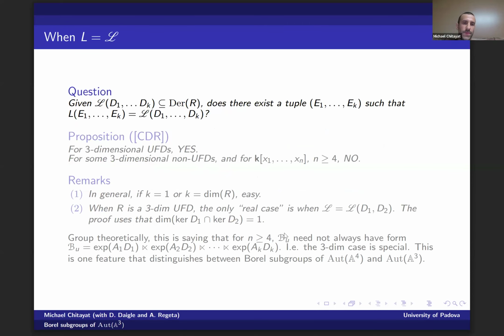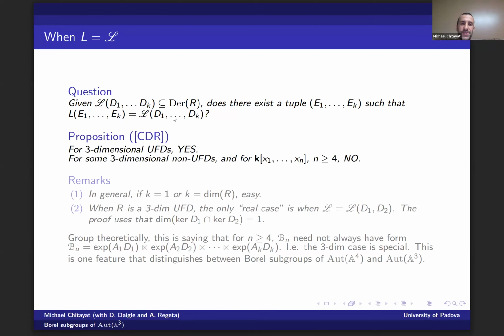So this is the question that I just mentioned before. If you have some Lie algebra that looks like this, curly L d1 up to dk, can you always find a tuple e1 to ek such that this regular L is equal to curly L?